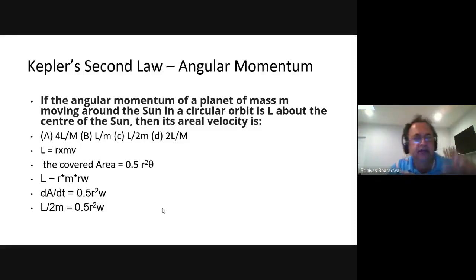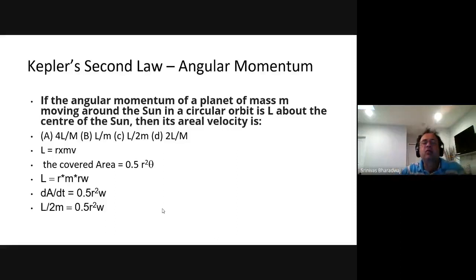So r theta is the length of the arc that is subtended. Think of this as a small triangle: half times r theta times r gives you half base times height, which gives you the area covered. So half r squared theta is the area of a small triangle.